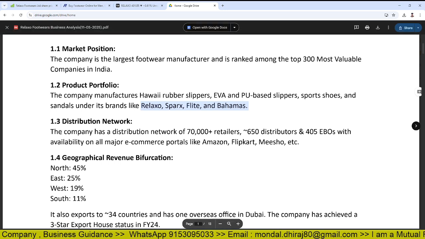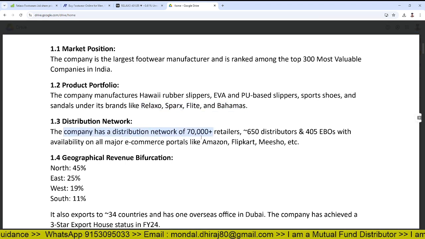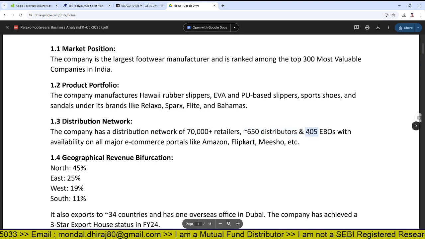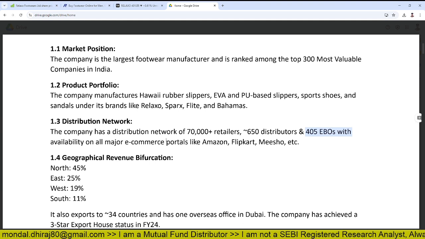The company has a distribution network of 70,000 plus retailers, 650 distributors and 405 EBOs, with availability on all major e-commerce portals like Amazon, Flipkart, Meesho, etc.